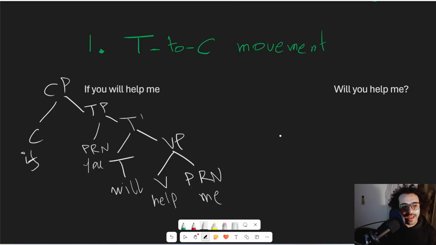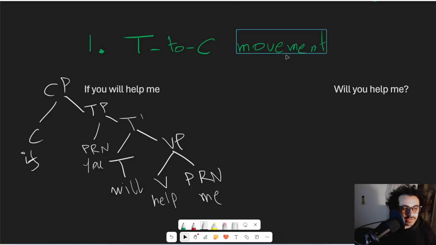Now, what happens if instead of saying if you will help me, we need to say will you help me? What is going to happen here? Let's try to do that with the structure that we have and see if we can achieve the same structure by just moving one constituent to the place of the constituent that's going to be deleted.